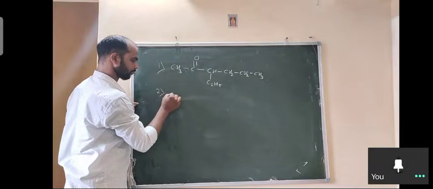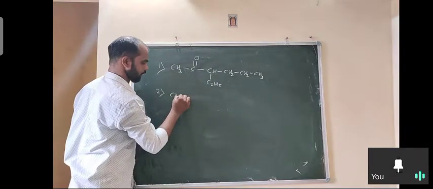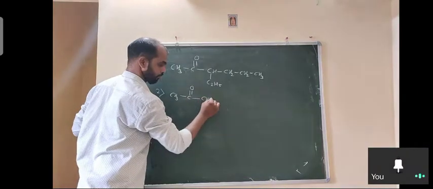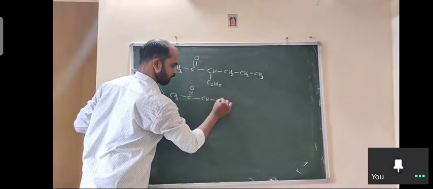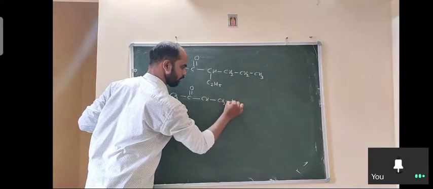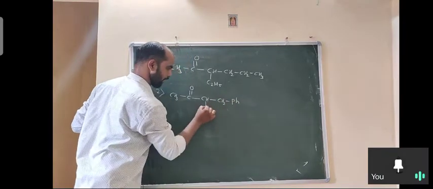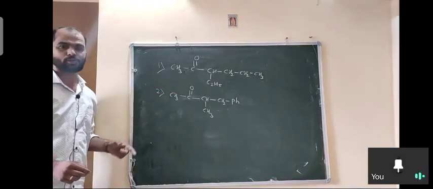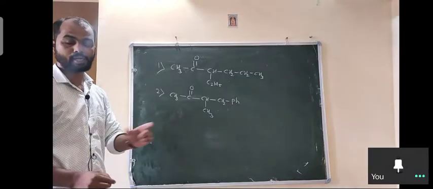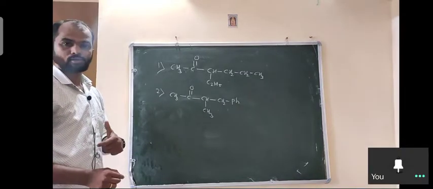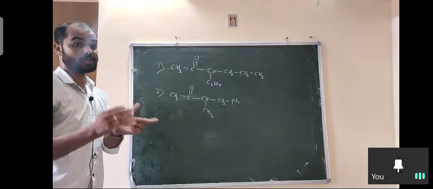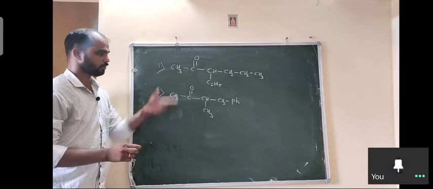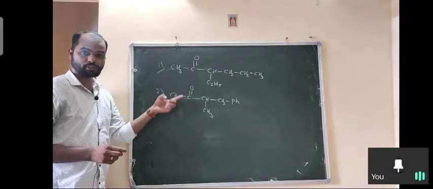Second, CH3 C=O CH, with CH2Ph, and here is the CH3. These two examples you solve at home and send to me on our organic chemistry group. Send it on the organic chemistry group, not a departmental group. So you solve these two.